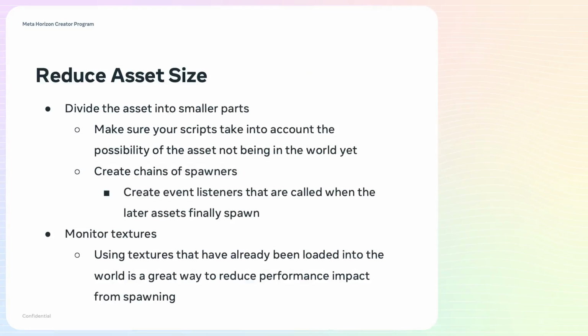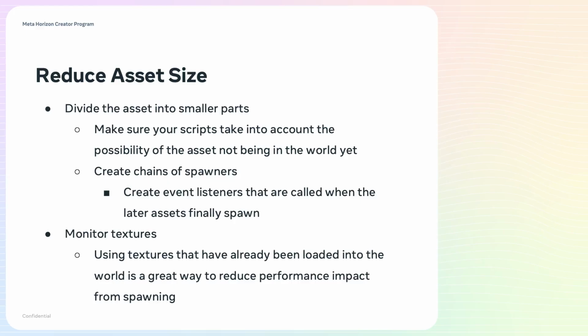All right. When talking about reducing the asset size, we're talking about the asset itself, which can have several entities within it. It could also have large texture files or many active scripts that run all at once.